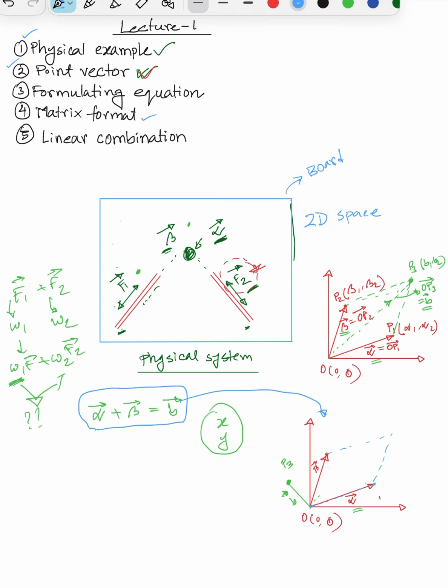I'm just drawing a parallelogram, and then I get this one, which is replacing beta. And so this is going to be the final position of B. So if we just add alpha plus beta, this is going to be B. That's what we showed in the previous image.